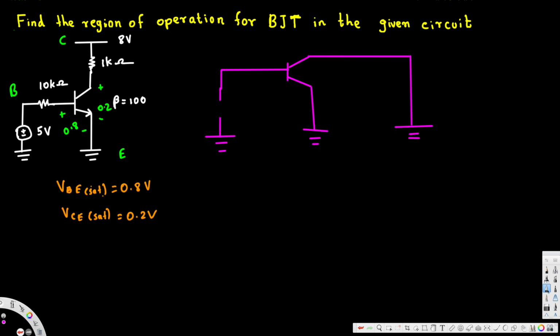This one is 5 voltage right here, and here we have 10k ohm. And this is 0.8 voltage, and here we have 0.2 voltage.